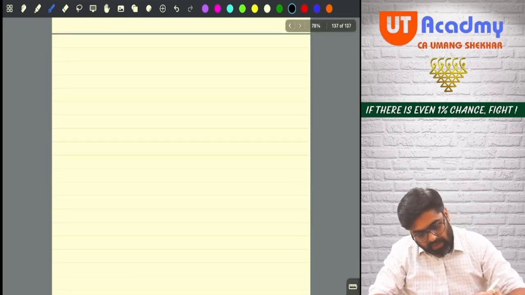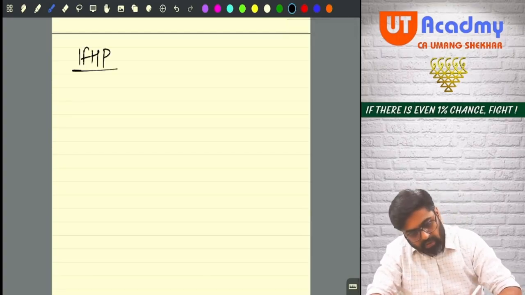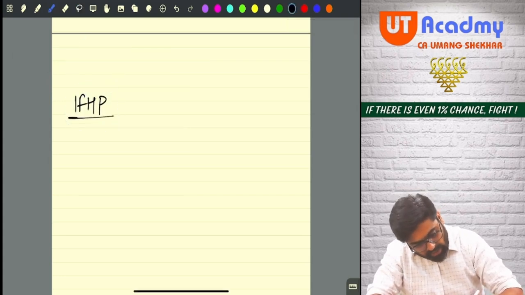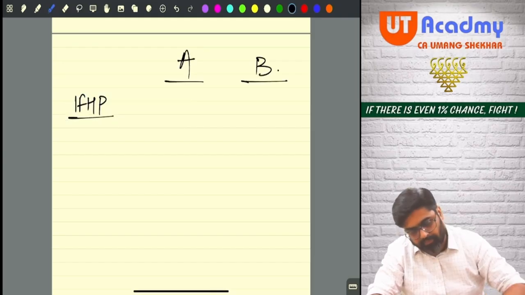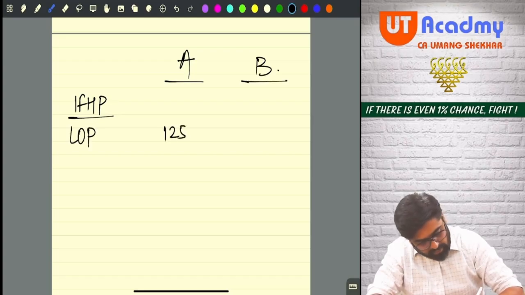So if I have to calculate income from house property for both the brothers, Arun and Bimal, here I will write Arun and here I will write Bimal. LOP income will be 1,25,850, 1,25,850.